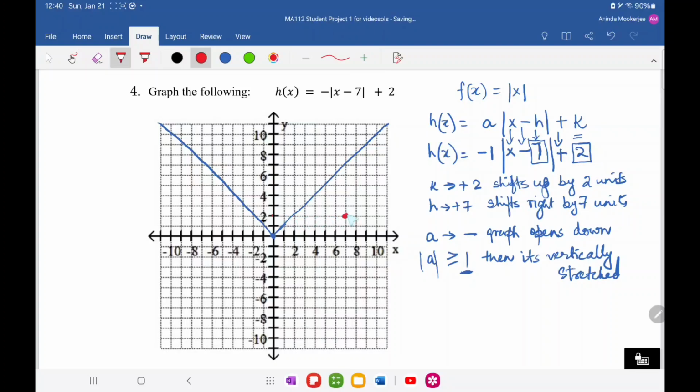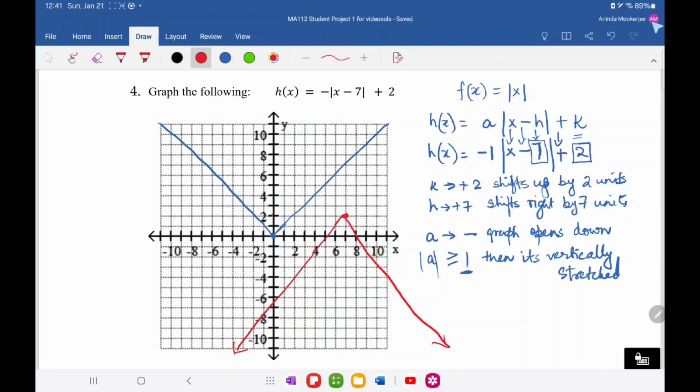So that's where the vertex is going to be for the transformed graph. And because there's a minus associated with a, it's going to flip down. The graph opens down. And so we are going to just make it like this. All right, so this red graph is how the transformed graph is going to look.